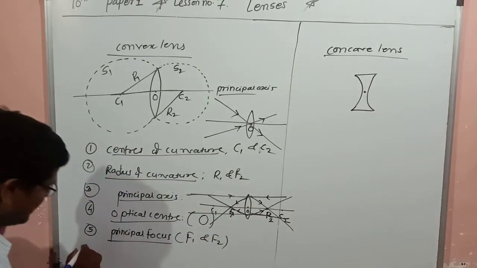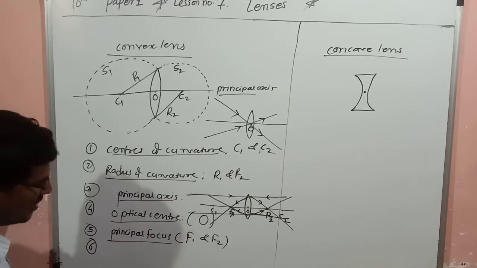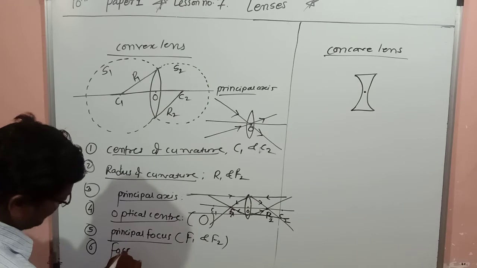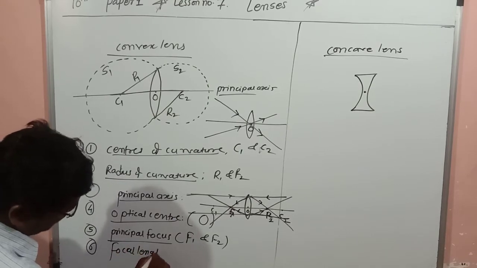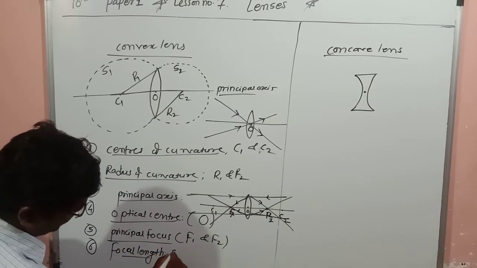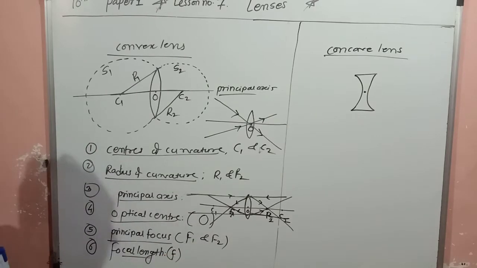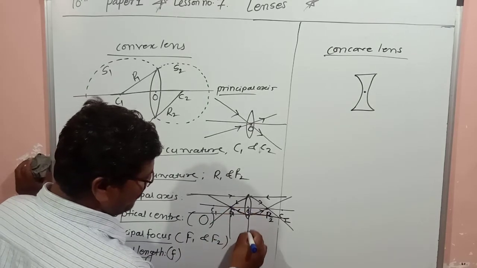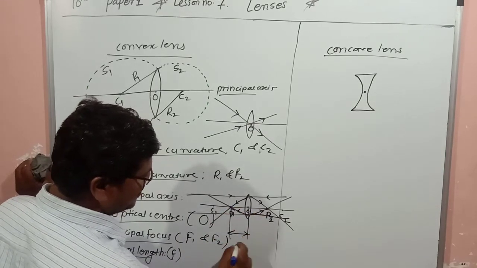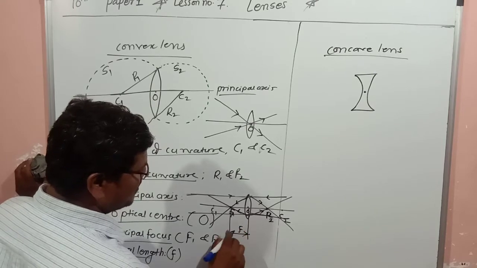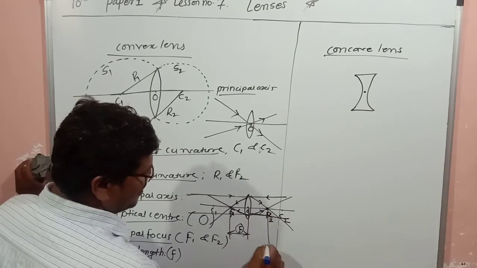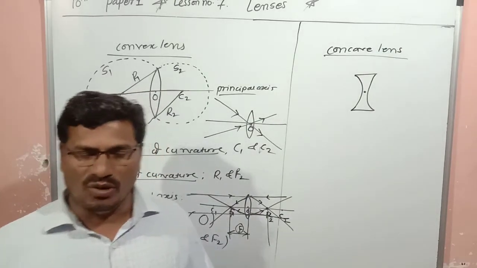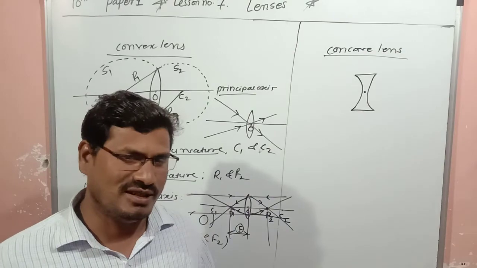The sixth point we have studied is the focal length. What is the focal length? It is denoted by small letter f. Focal length is the distance between the optical center and the principal focus.